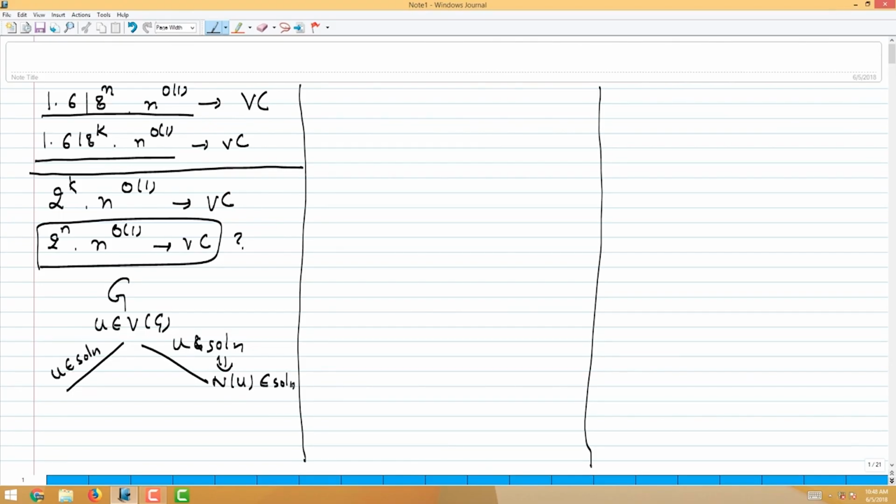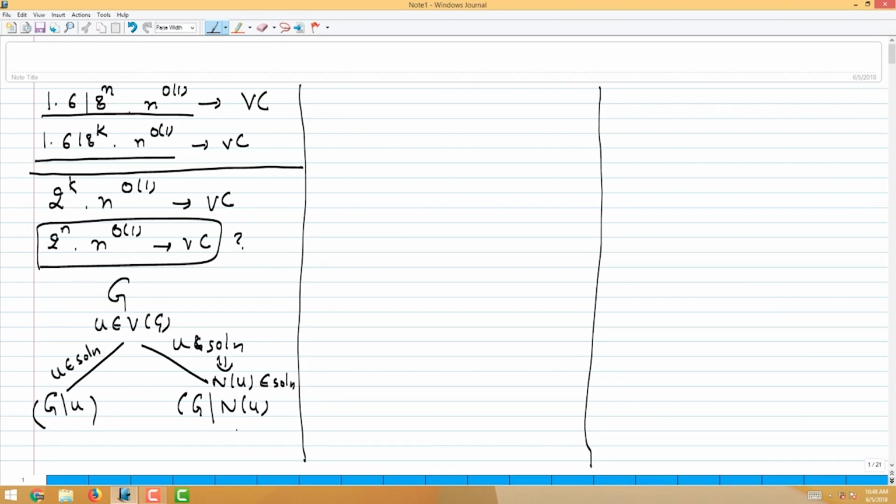So if you start with a graph on n vertices, these are the two possibilities, and if u belongs to the solution, you can reduce the problem to finding vertex cover on the graph G minus u. And if N(u) belongs to the vertex cover, then you can reduce the problem to finding vertex cover on graph G minus N(u), right? And then now you do the same thing recursively.